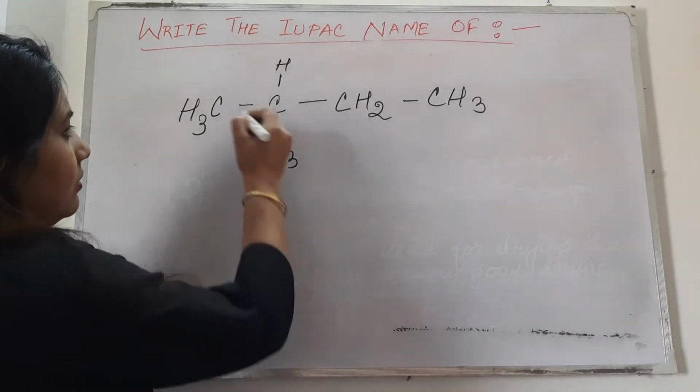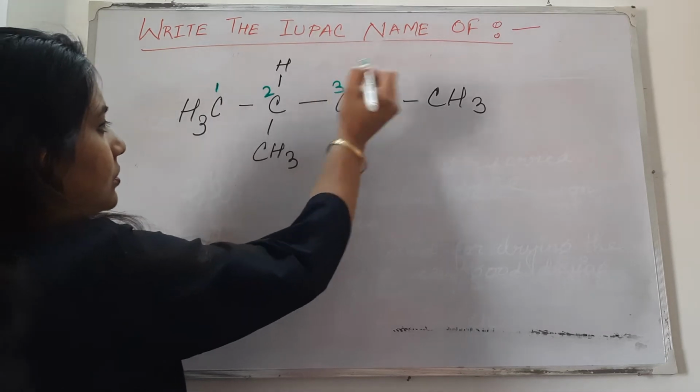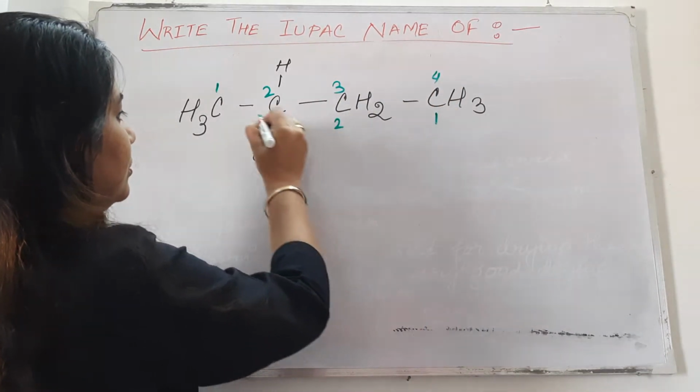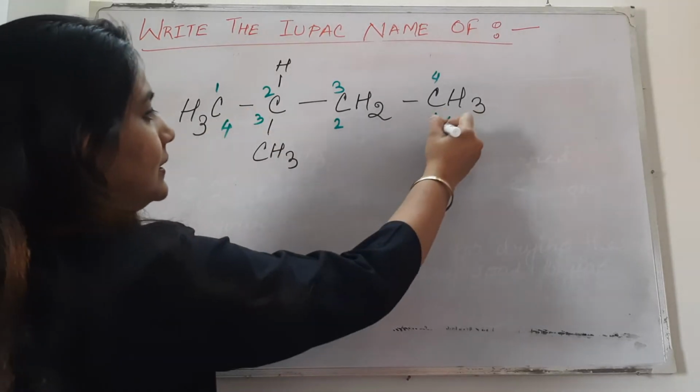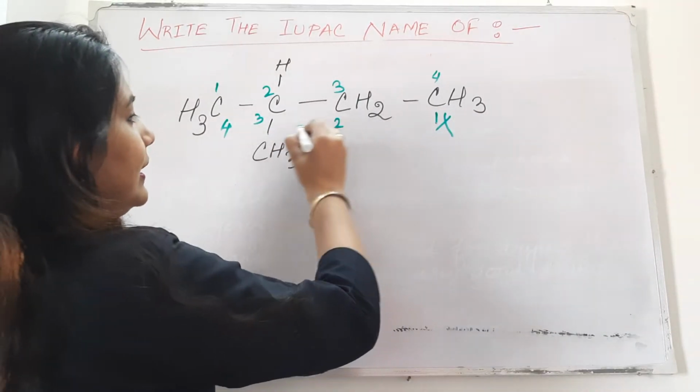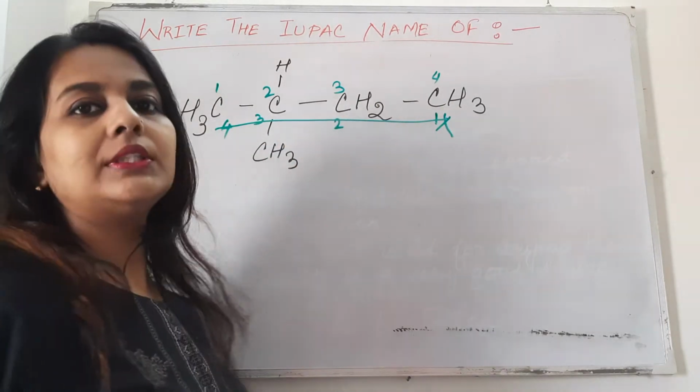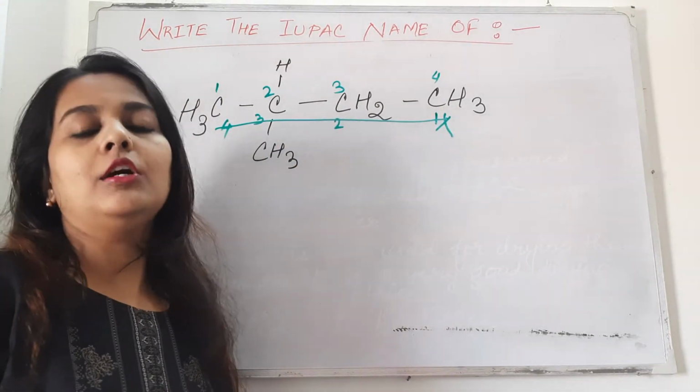It is 1, 2, 3, 4. I cannot name it as 1, 2, 3, 4. This is the wrong process. So I cannot name this way. Okay? So this is the correct process of naming the organic compound.